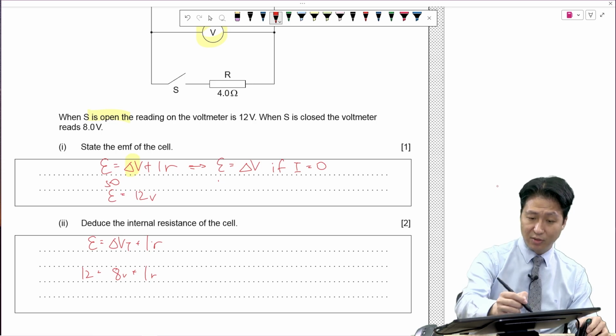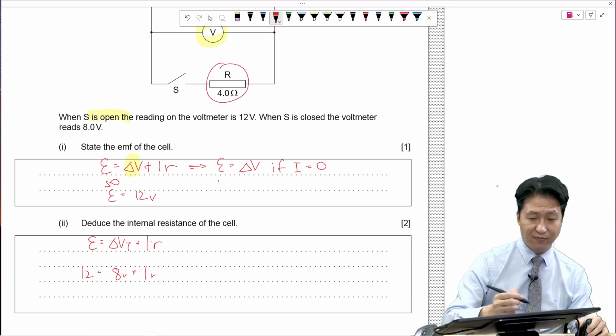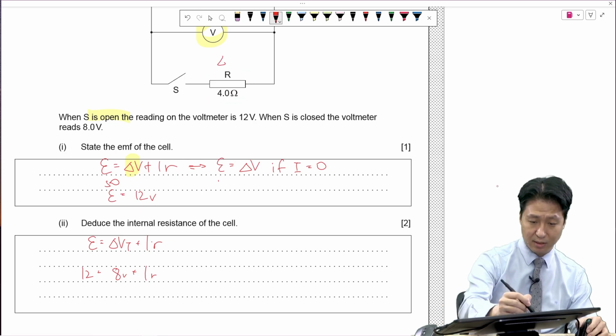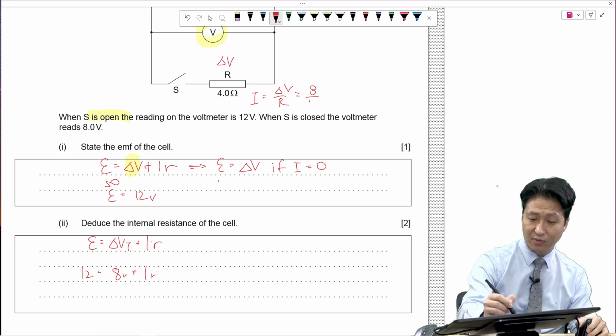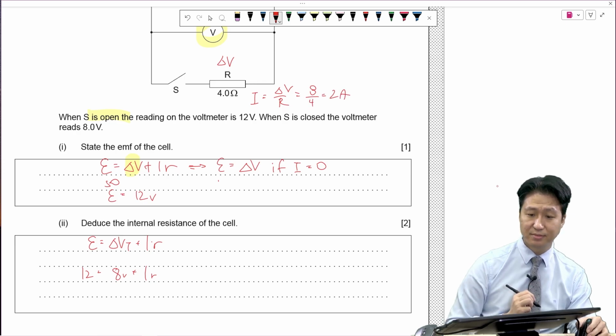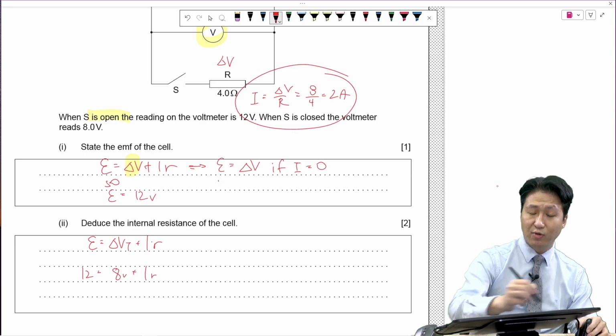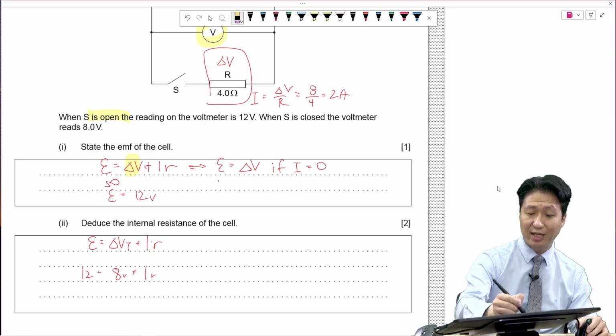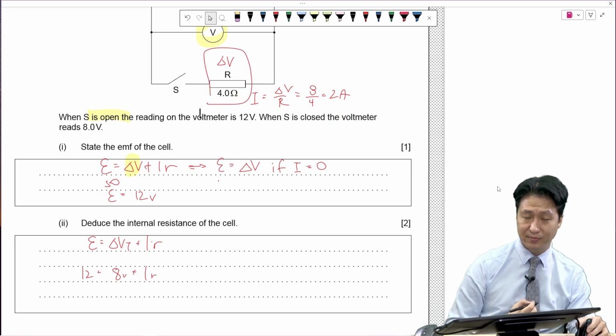Well, we know that the voltage drop is 8 volts. So the current must be the voltage drop over the resistance, in this case 8 volts over 4 ohms, which is 2 amperes. This equation for Ohm's law is applicable to any independent resistor.